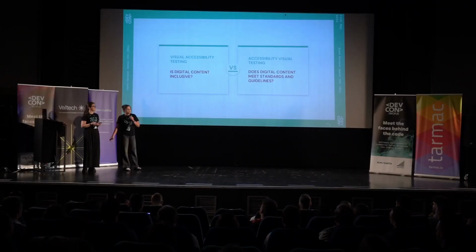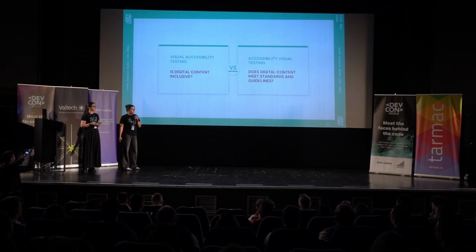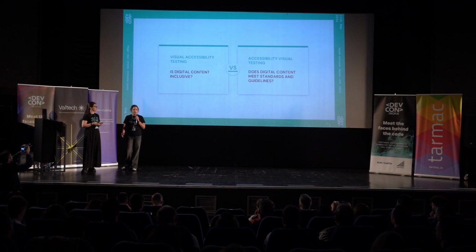However, because our main focus today is visual testing, let's emphasize the importance of visual and accessibility testing. Visual accessibility testing and accessibility visual testing, even though they seem like related concepts, refer to different aspects of ensuring whether digital content is accessible to all users, and specifically users with disabilities.